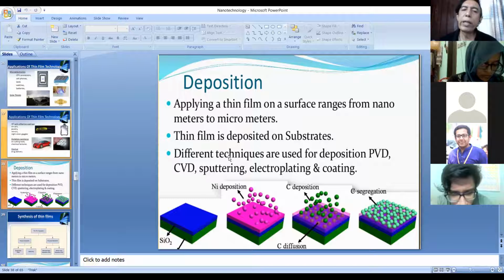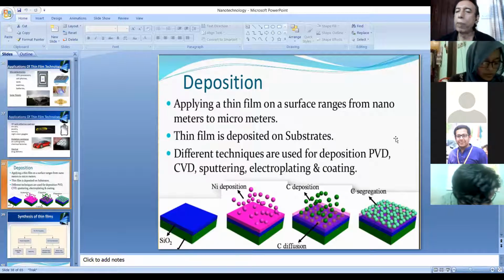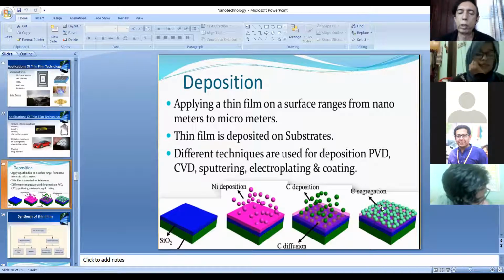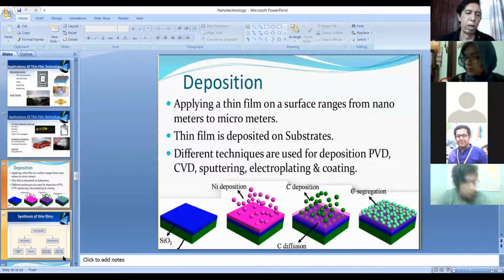There are different techniques for the deposition, like PVD, physical vapor deposition, chemical vapor deposition, sputtering, electroplating, and coating, etc. We'll see some of these techniques.